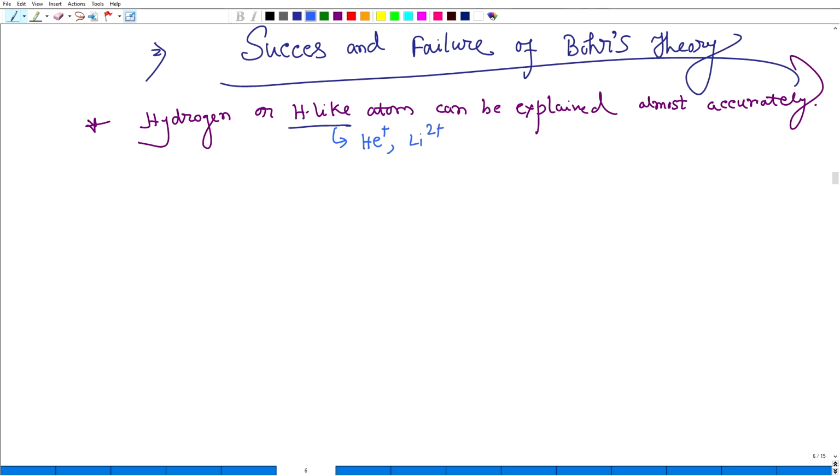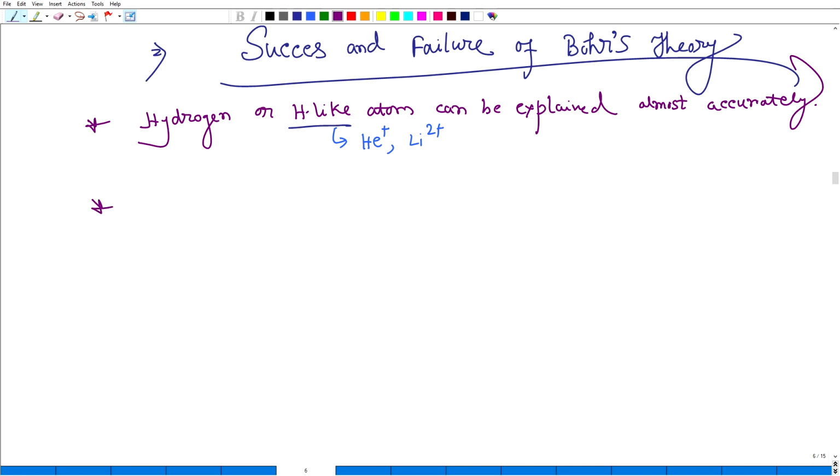In that case the proton number is not the same as the hydrogen atom, but the number of electrons is the same. So for those atoms, that is the simplest case because there is no electron-electron interaction, since there is only one electron. The atomic spectrum of such systems can be almost accurately explained by Bohr's theory.